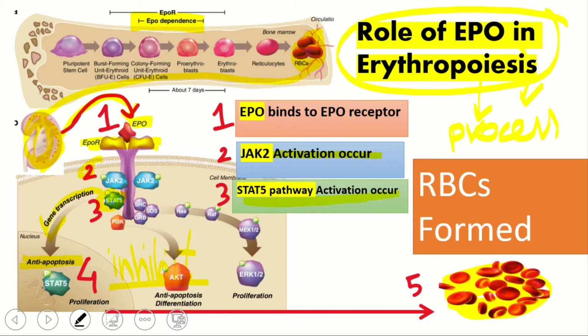But now we are inhibiting it, means we are going to proliferate this process. We are stimulating the proliferation, or proliferation means division, of the erythroid progenitor cells. And as we see, in the end, RBCs are formed. We'll discuss these steps now one by one.